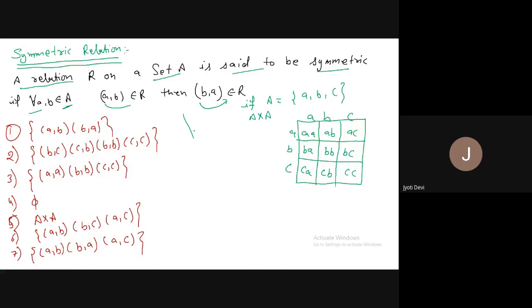Like if 1 2 is present in a relation, in that case 2 1 must be present. If in any relation 1 2 is present but 2 1 is not present, we can say directly that the relation is not symmetric. Okay, let's see.